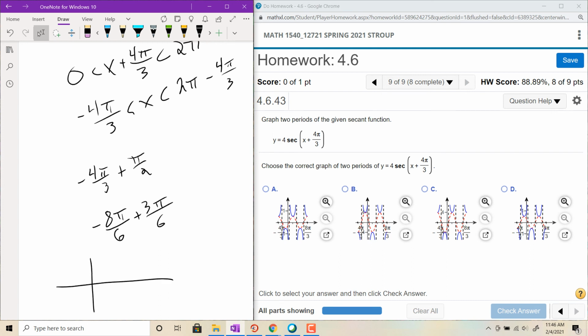So what are we doing here? Negative 8 pi over 6 is way over here somewhere. 5 pi over 6, 2 pi over 6, 1 pi over 6.